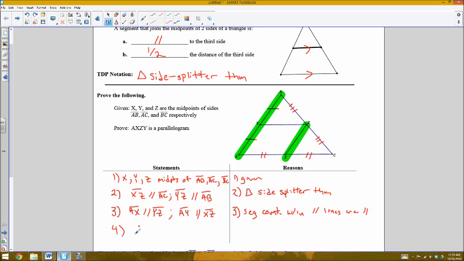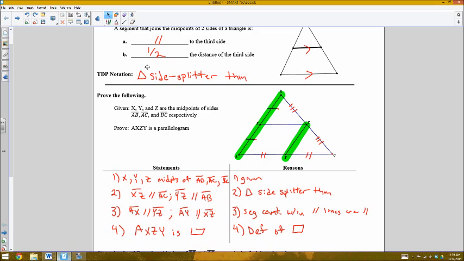Therefore, AXZY is a parallelogram by the definition of parallelogram. Okay, so that's how we could use this theorem, this triangle side splitter theorem, in a proof.